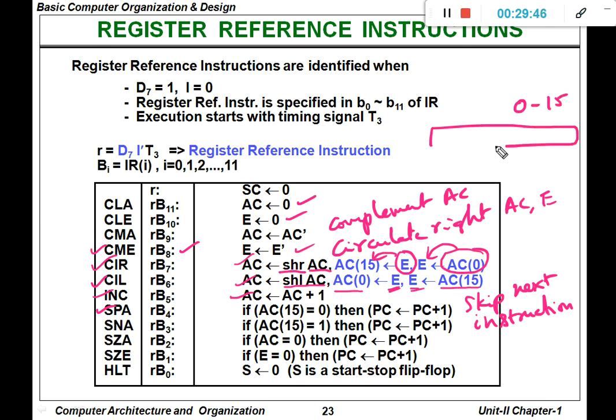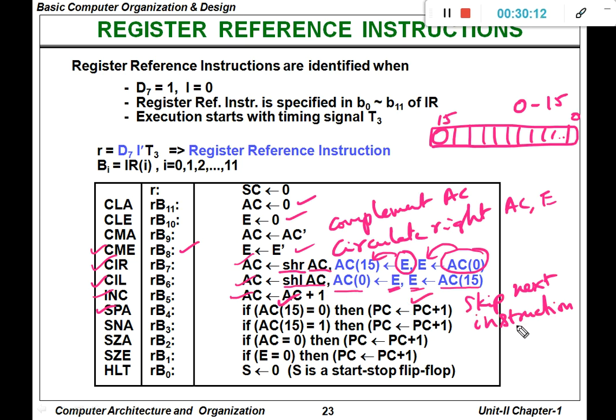So if this is the accumulator register, 0 to 15 bits are there. This 15th bit is going to determine whether it is positive or negative. So based on the 15th bit value, AC of 15, if AC of 15 is equal to 0, then increment the program counter.